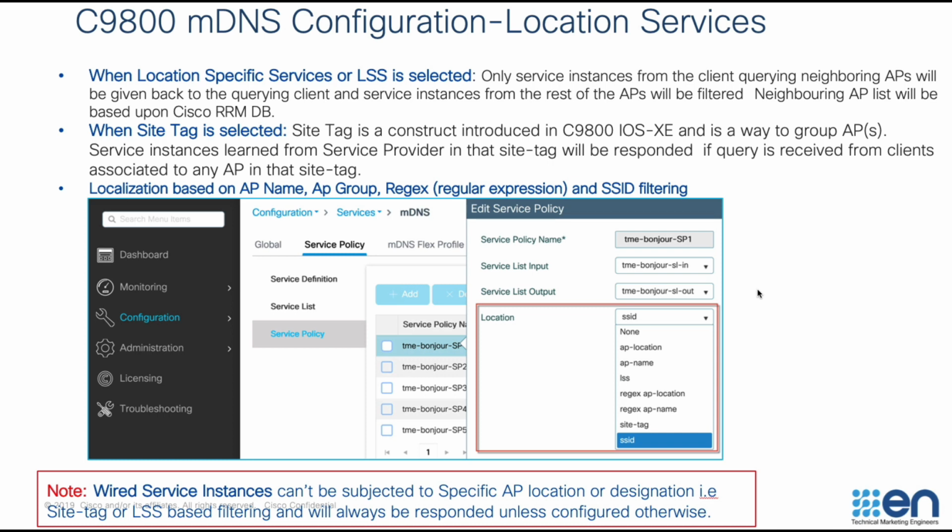You can apply these based on SSID, AP location, AP name, location-specific services, and then by the regex or regular expressions of location name of the APs and site tags. So there are different ways to localize the services on the Catalyst controller. Please note that wired service instances cannot be subjected to specific AP localization. It's only applied to the wireless services.